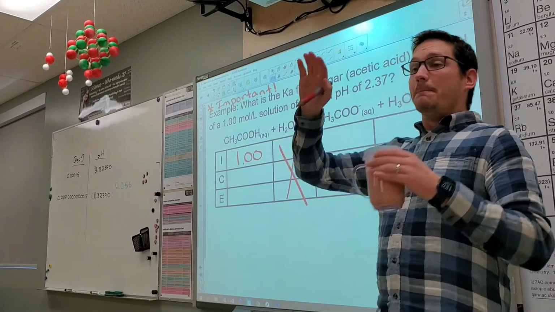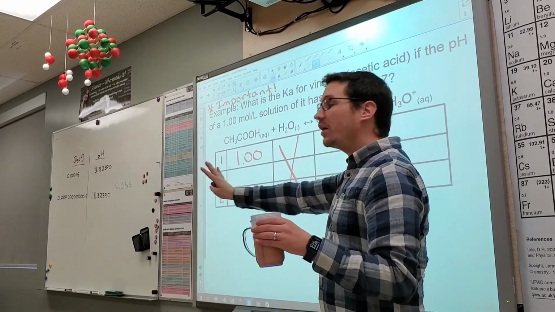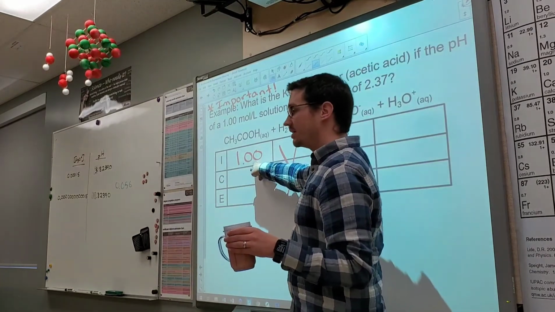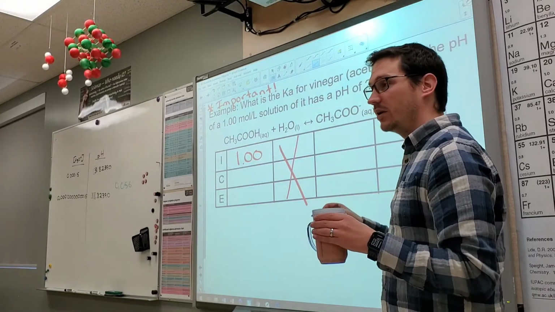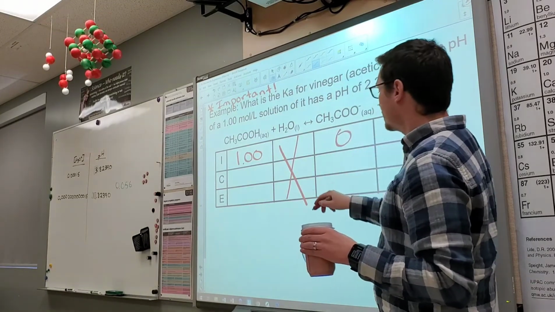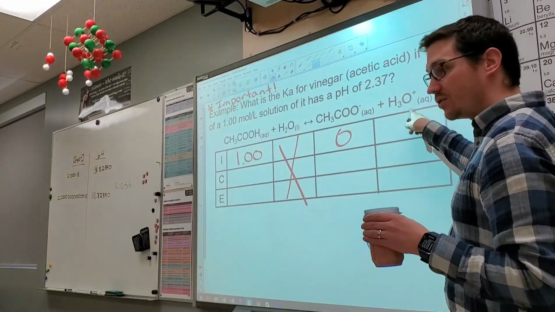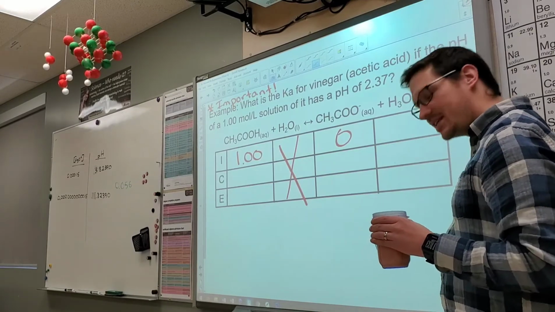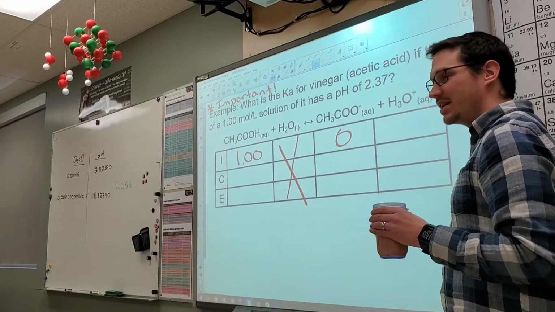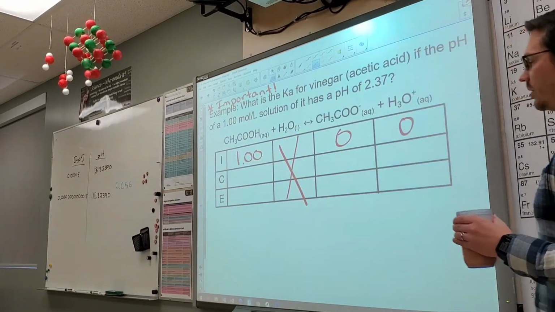Acetate, I want to be very clear: before you added any acetic acid, was there any acetate in the pure water? No, there was none of this. And was there any hydronium in the pure water? Technically there was 1 times 10 to the negative 7, because water ionizes itself, but that's so small that we don't care about it.